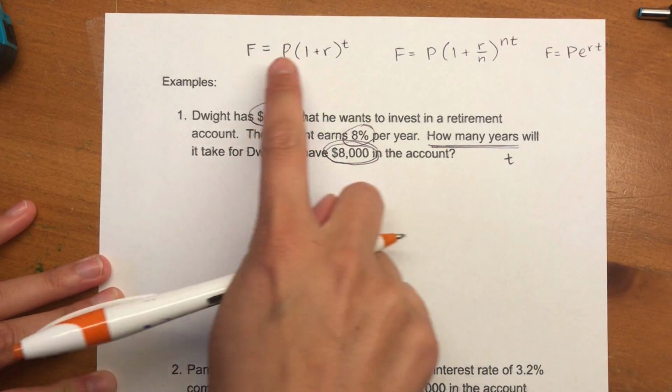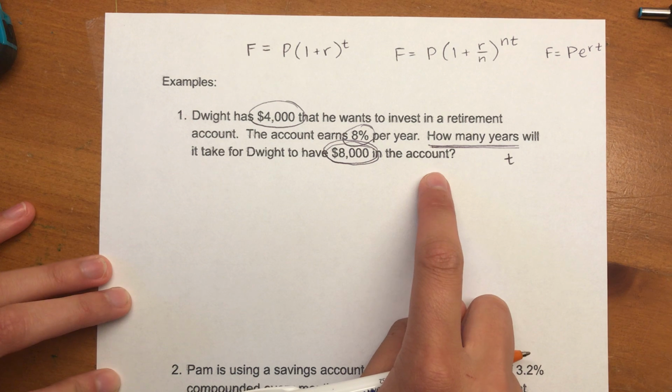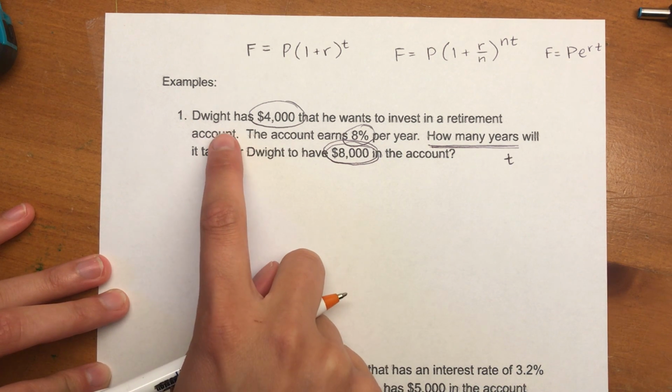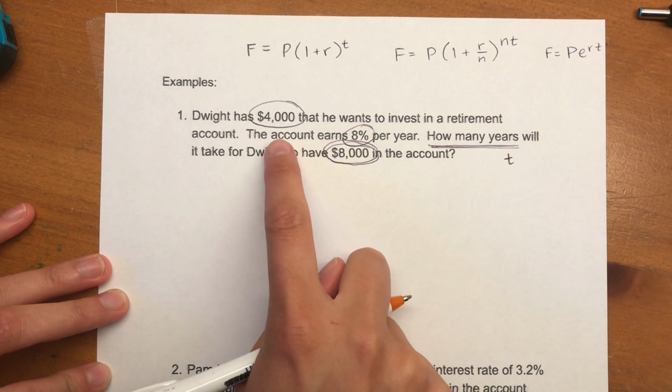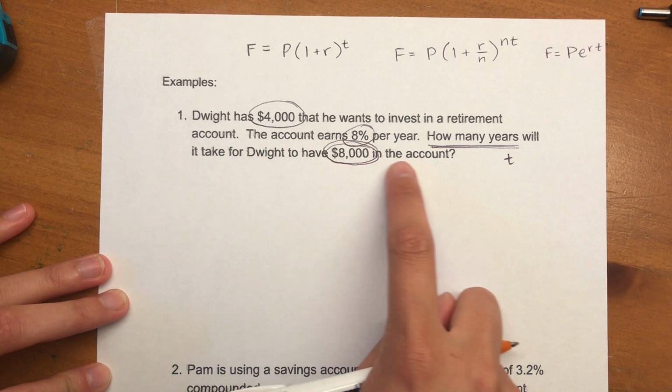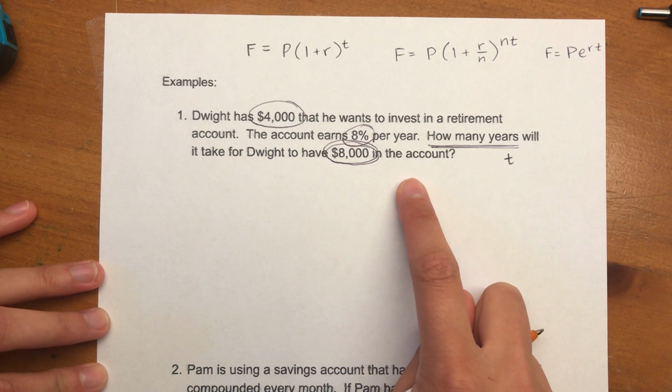So I need to figure out which of these formulas we're going to use here. It says he wants to invest in a retirement account, earns 8% per year. How many years will it take? I'm not seeing anything about compounding.